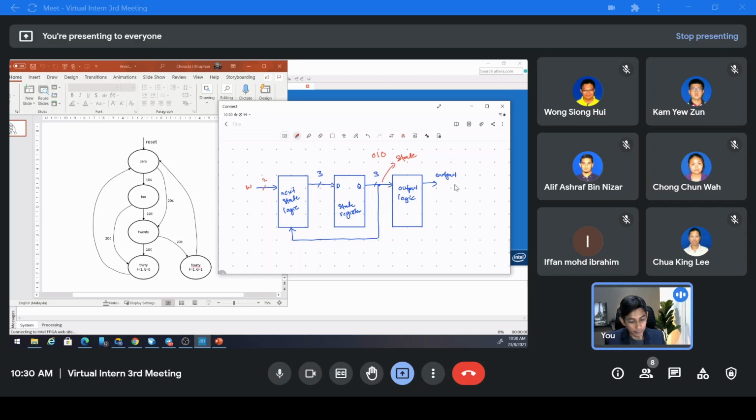And the output here, because we have how many outputs? We have 2 outputs, F and G. So we will have 2 outputs, F, G. All right. So for example, in state 0, 1, 0, the output must be 0 and 0.